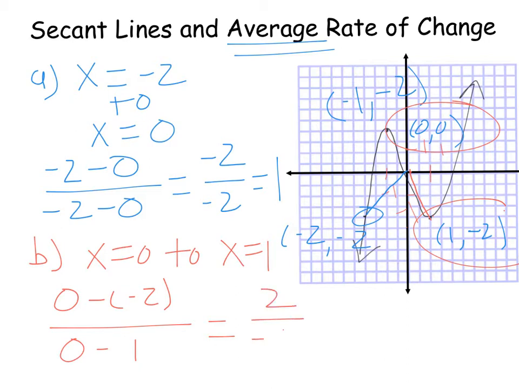You get 2 over -1. And we get a slope of -2. Right on what we expected. Negative. A little bit steeper than the first one that just had a slope of 1, but we definitely see that negative slope going on there.